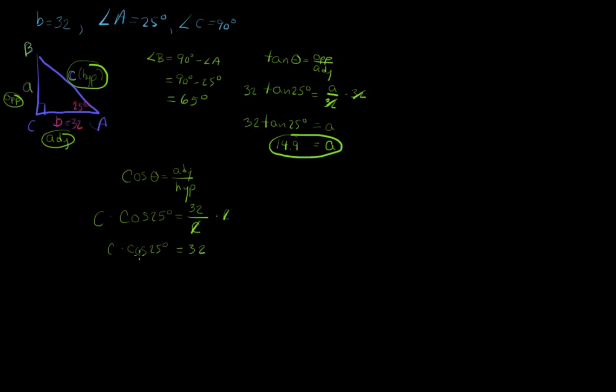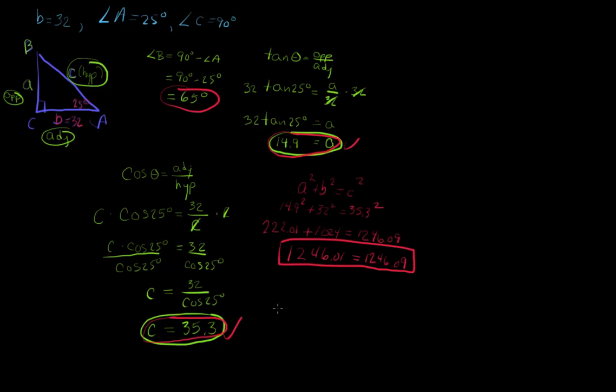And then this is C times, so we have to divide by the cosine of 25 degrees in order to get C alone. Which means C equals 32 divided by the cosine of 25 degrees. We type that into our calculator and we get that C turns out to be 35.3.